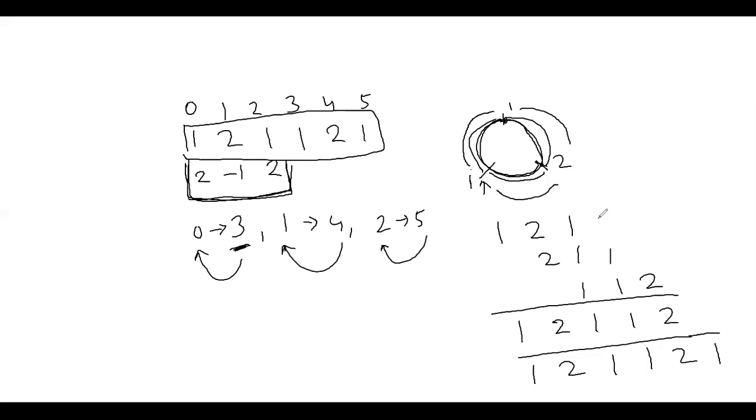And you can figure that out using the mod operation, right? Why will 0 and 3 be similar? 3 mod 3, remainder 0. Same for 4 mod 3 and 5 mod 3. This is 0, this is 1, this is 2.